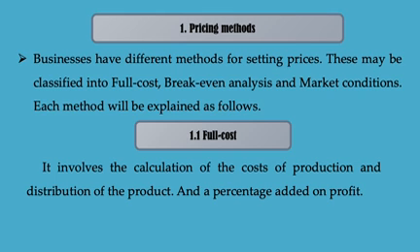For example, if the total cost for 1 unit is £10 and the percentage for profits is 10% of the total cost, then it will be equal £1. So 10 plus 1, so the selling price will be £11 per unit. And this method is very simple.